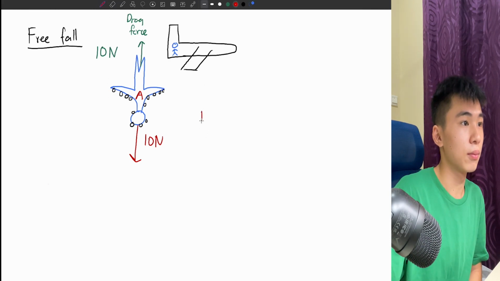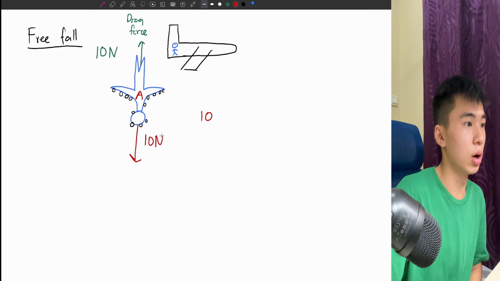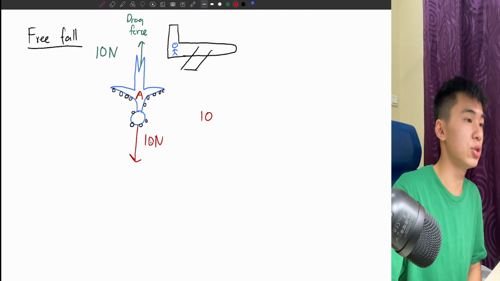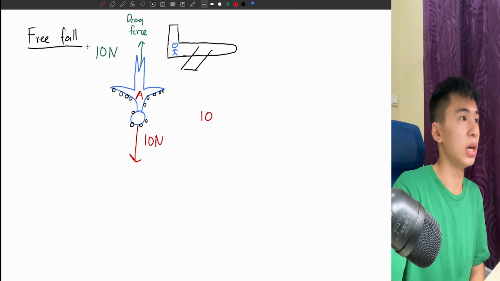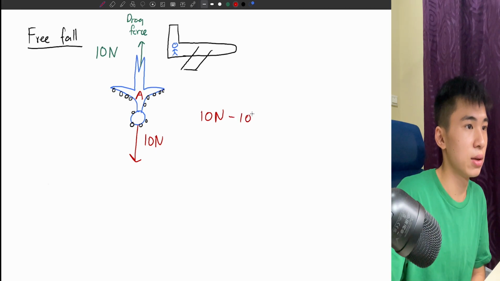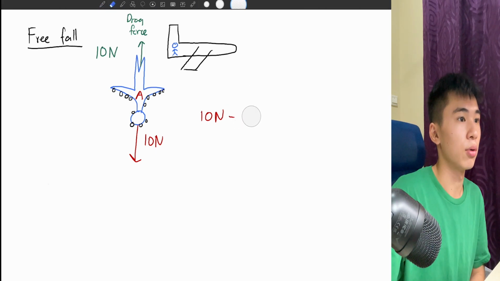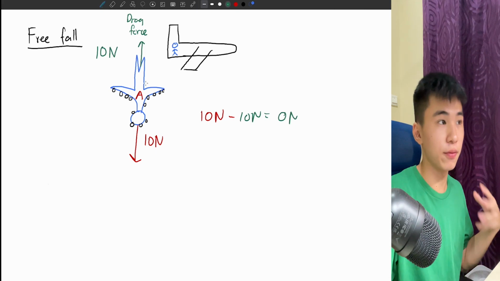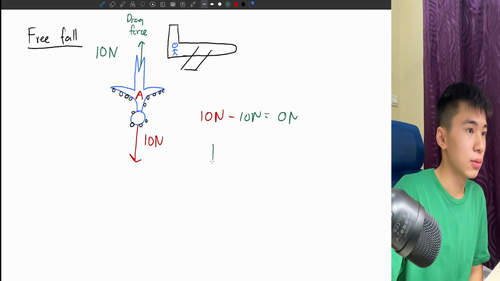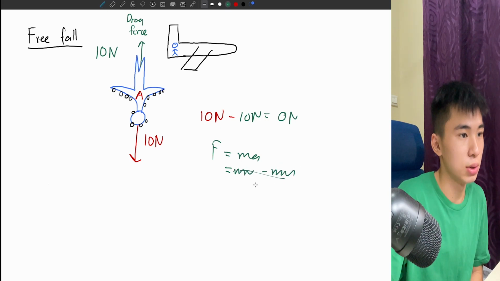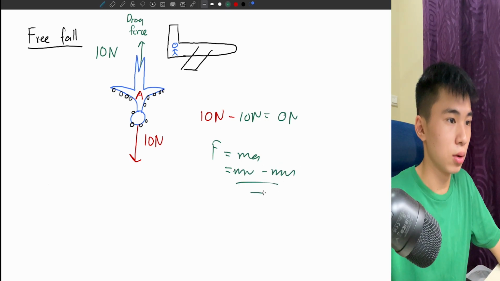So let's say this is our positive 10 newtons, and this one will be negative. So 10 newtons minus 10 newtons, let me just use the green pen, would be 0 newtons. So there is no resultant force in this case, but F equals ma, so m(v minus u) over t, right?